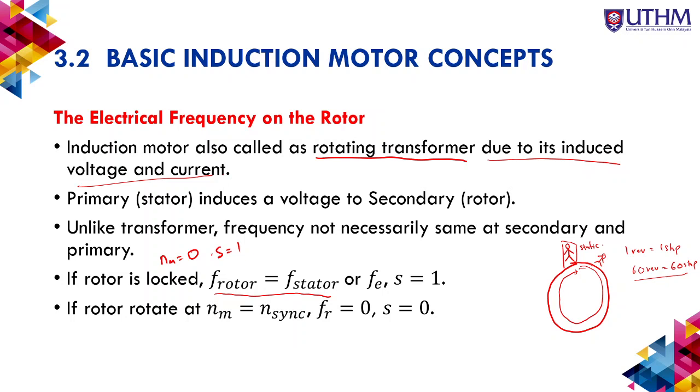And then what happens when this person starts to move? For example, this person moves at 120 rpm. So 1 rpm equals 1 slap.